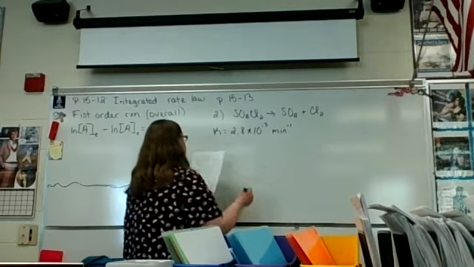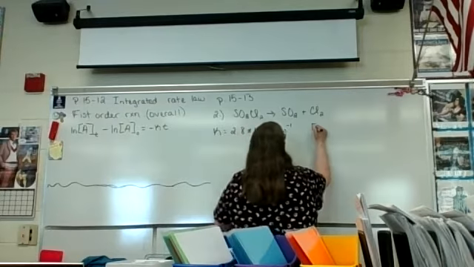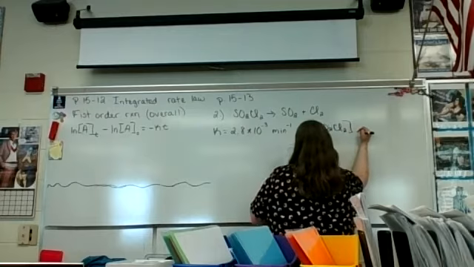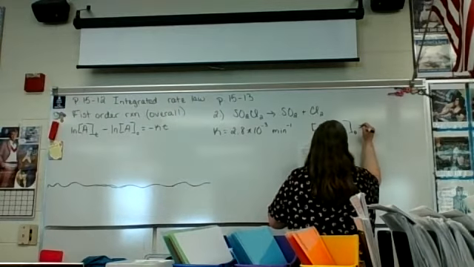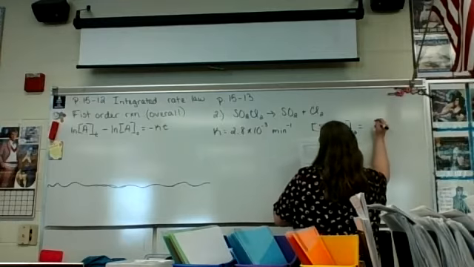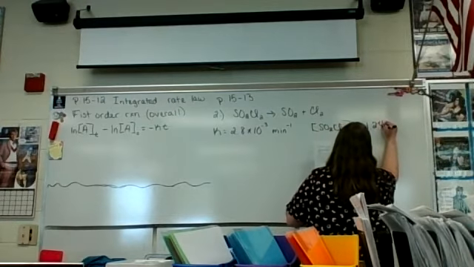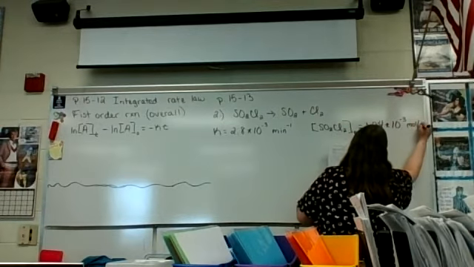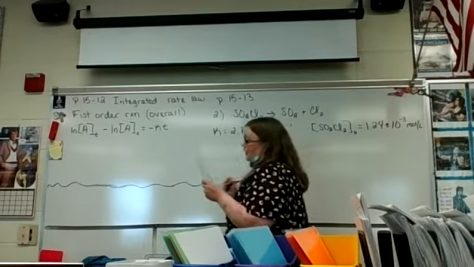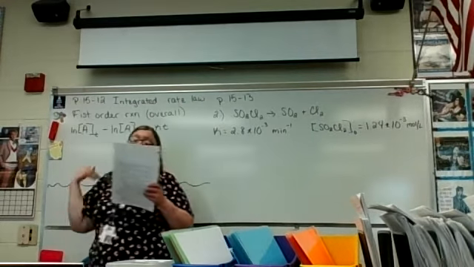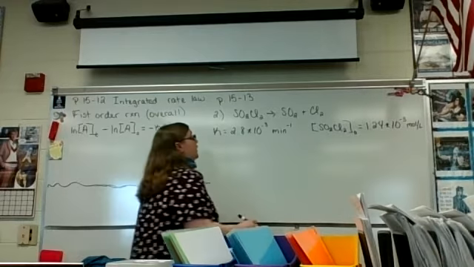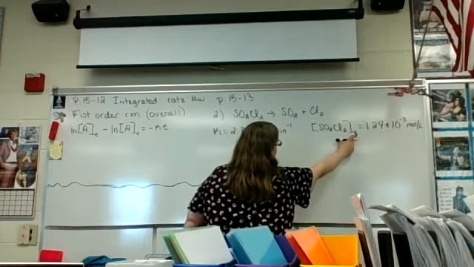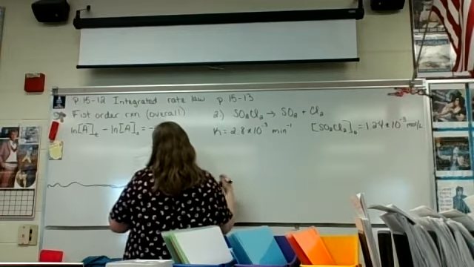If the initial concentration of SO2Cl2 is 1.24 times 10 to the negative third moles per liter. And of course, it says the initial concentration, so that's the concentration, the brackets, and 0, standing for the initial, or you can put I, it doesn't matter.